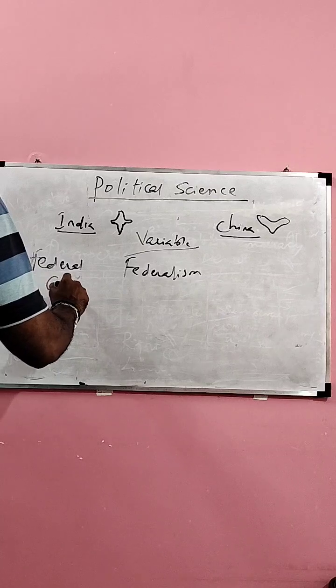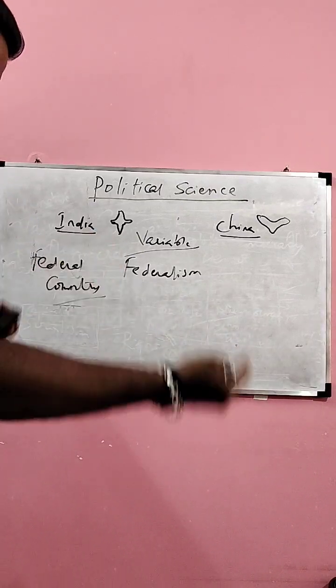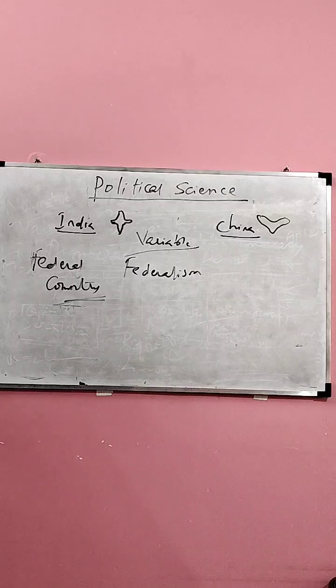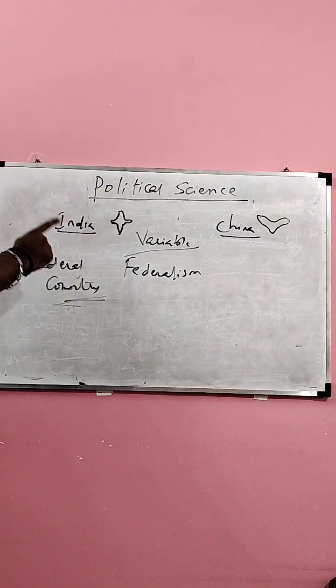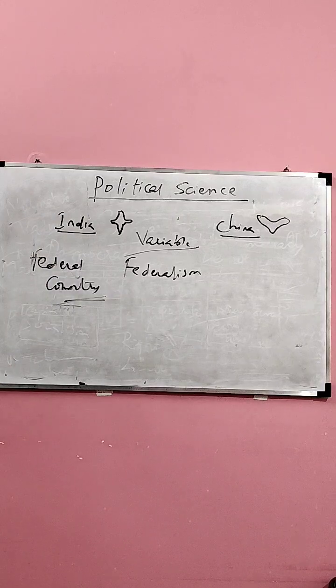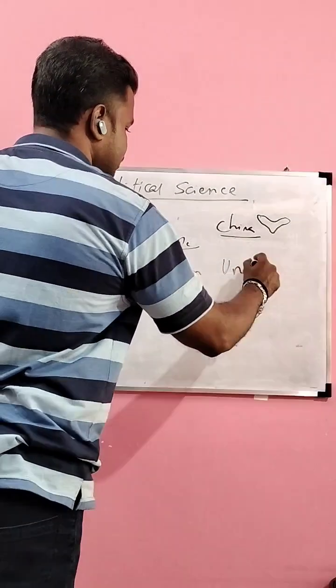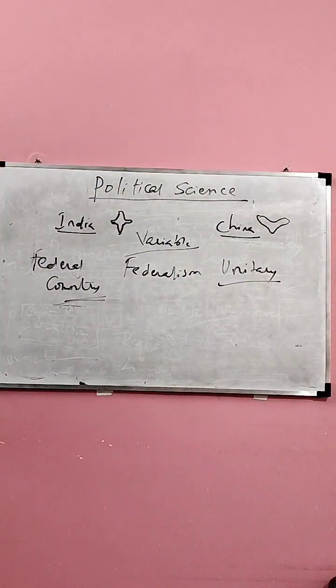The traditional approach takes into account institutions, constitution, philosophy. So India is a federal country, it follows federalism. What is the degree of federalism is a separate matter of discussion. Let's not go into it as of now. So it is federal. China, seen through the traditional approach, is unitary. Am I correct? This is the traditional comparison.